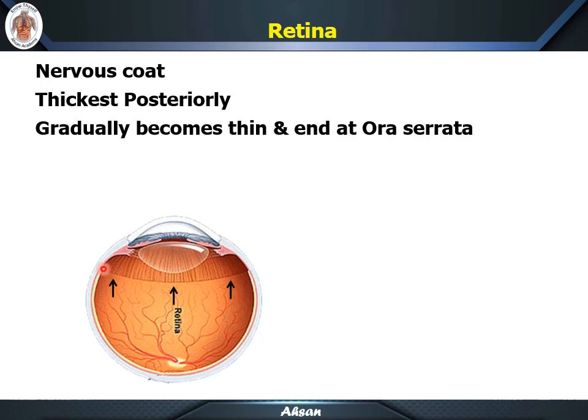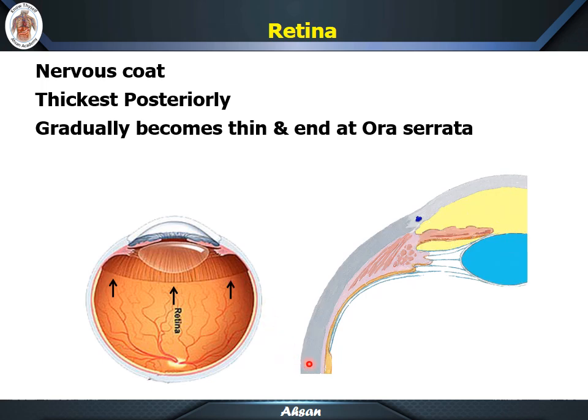This is known as ora serrata, from where the neural element discontinues. You can see this is the ora serrata line. Here the nervous element disappears and it continues as two layers of epithelium anteriorly.